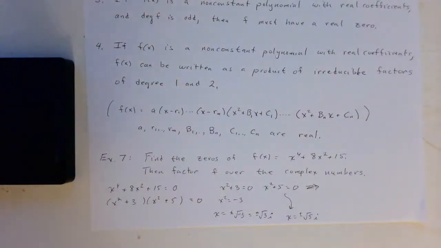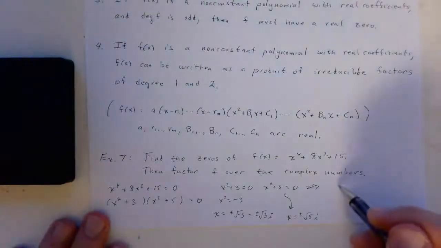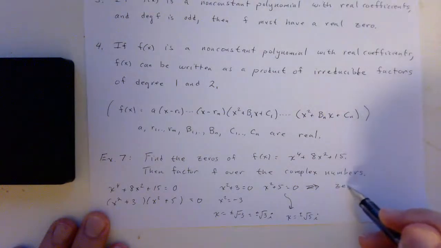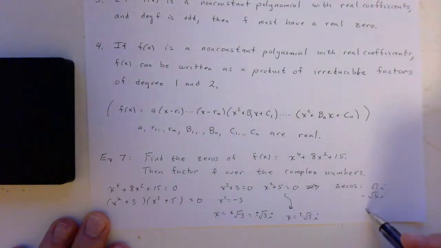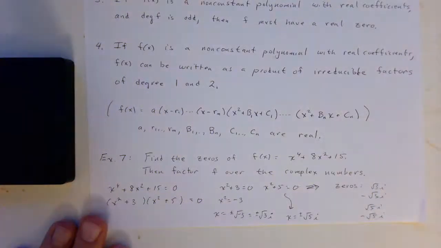So the zeros are going to be square root 3i, minus square root 3i, square root 5i, and minus square root 5i. 1, 2, 3, 4 zeros.